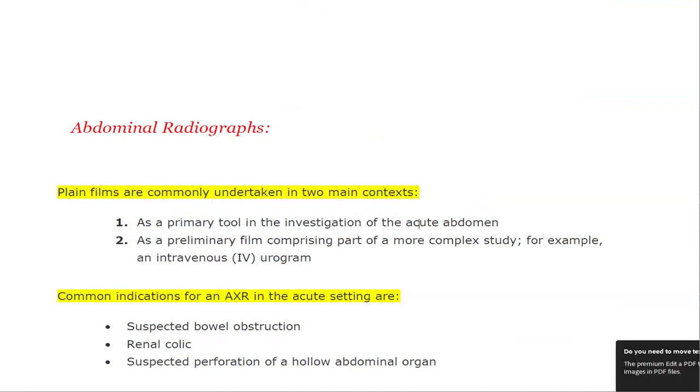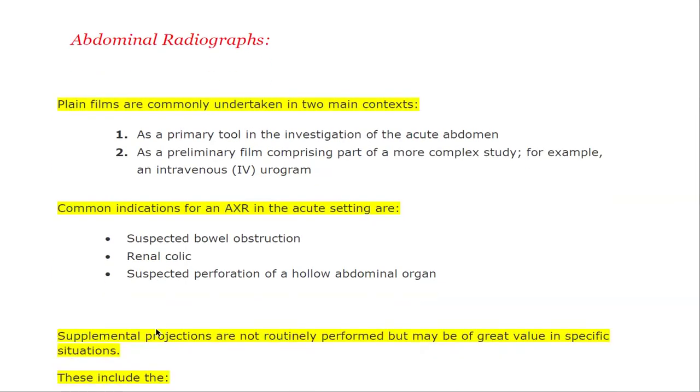You can also use it as a control film in other studies like urogram, IVU, or something like this. Common indications of abdominal X-ray in acute settings are if you are suspecting bowel obstruction or renal colic or suspected perforation of hollow abdominal viscus.